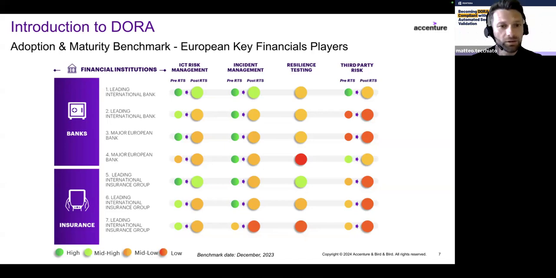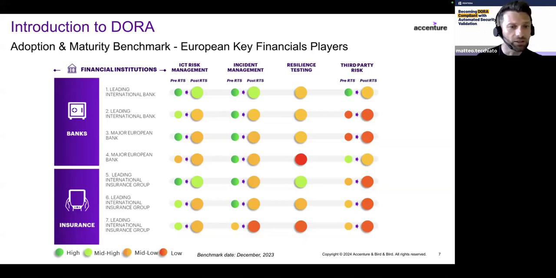Yeah, sure. As Accenture, obviously, we are supporting many clients in order to be compliant with DORA. Here is a selection of our main customers where we are directly involved in these remediation programs. This picture was taken at the end of December 23, so it is 6 months ago.